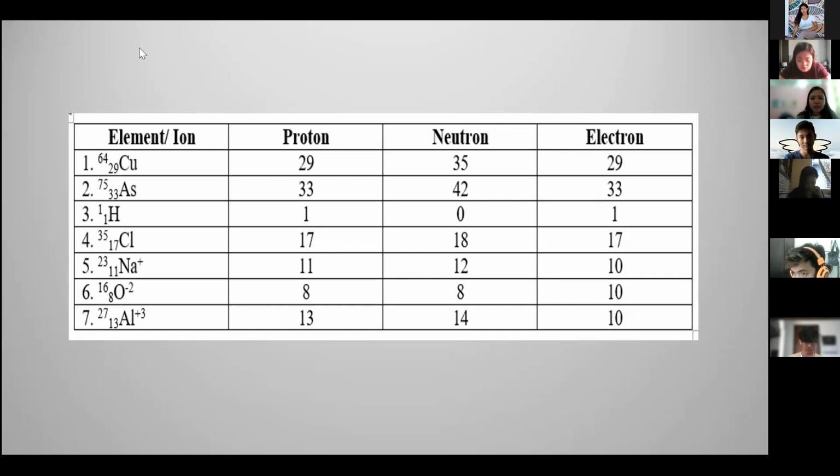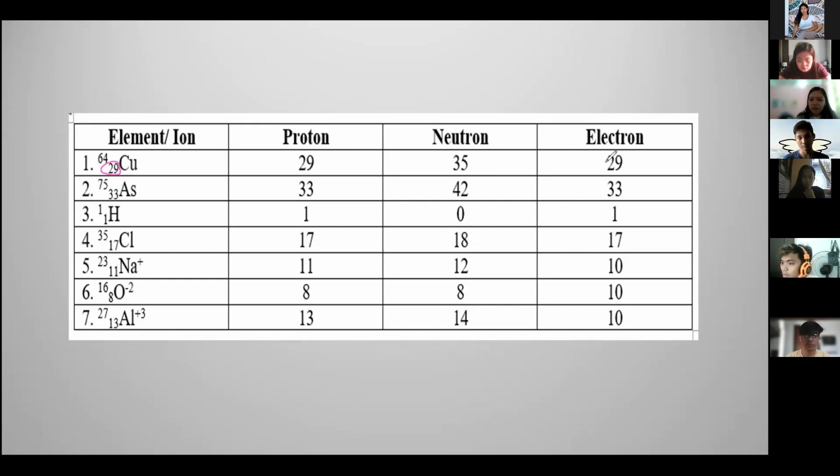For this first item, we have copper, and this is our atomic number. The proton is equal to the atomic number, which is 29. For neutron, we will just be subtracting the atomic number from the atomic mass, and that will give us 35.